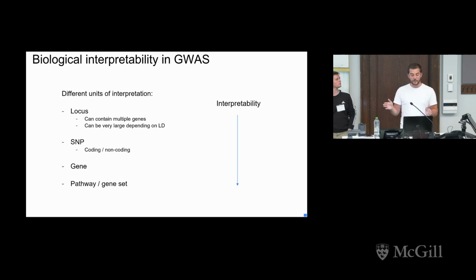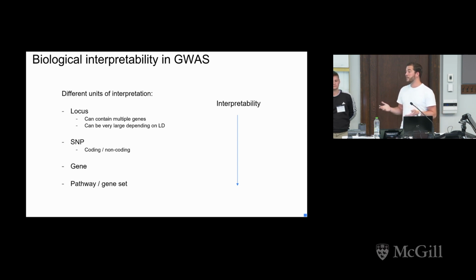And this locus can be relatively difficult to interpret because it's just one genomic region that can be relatively large. And then what is it really doing? And even if you find the one causal SNP that might be contributing to that peak, or maybe a few causal SNPs that are underlying this locus, then still it's very difficult to know what this single SNP is doing in these people to contribute to this phenotype.